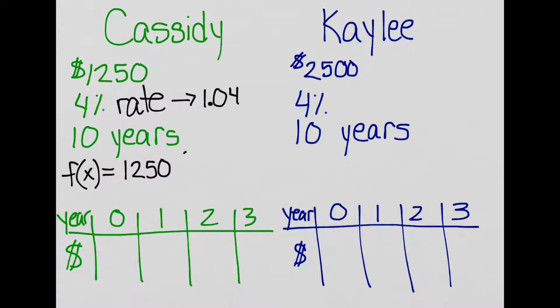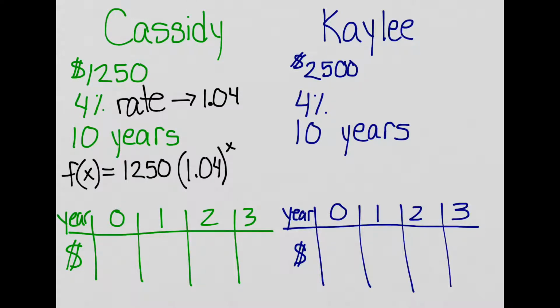And that's what needs to go in the parentheses of our exponential equation as the base, the pattern, the thing that we are multiplying by every time. And then we're going to raise that to a power. We know it's going to be a 10-year bond.